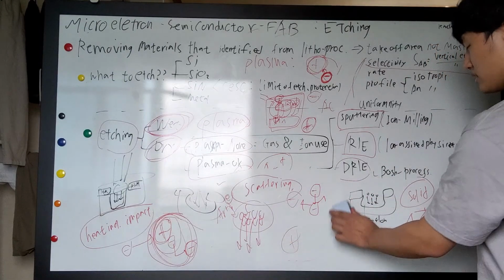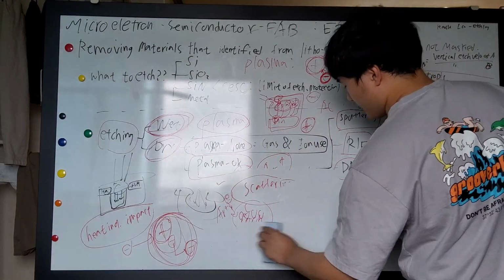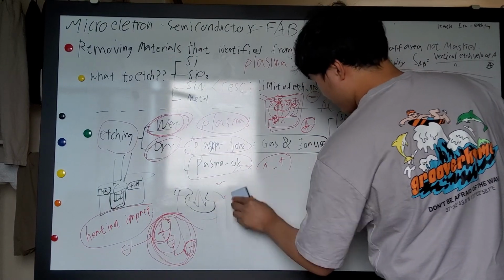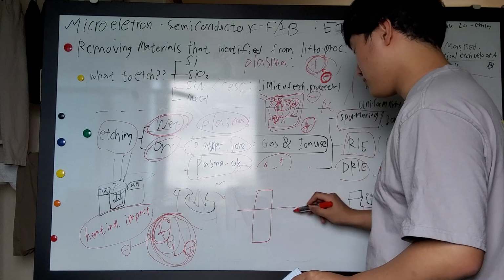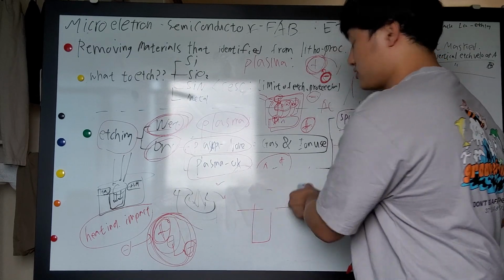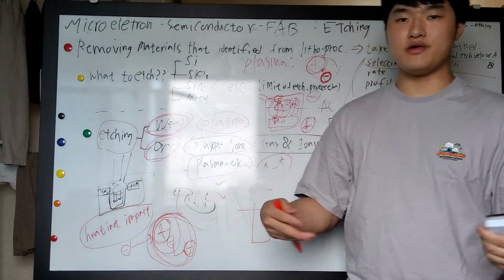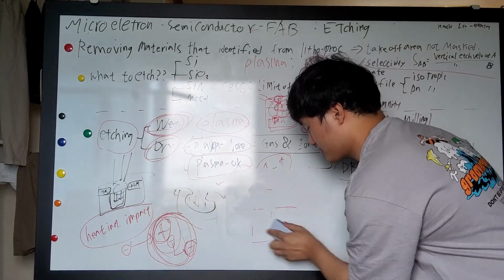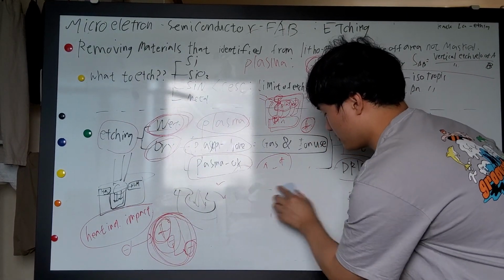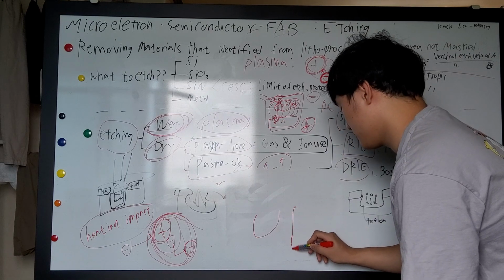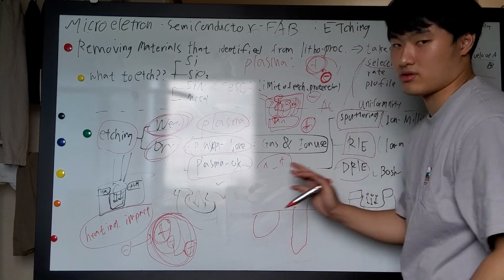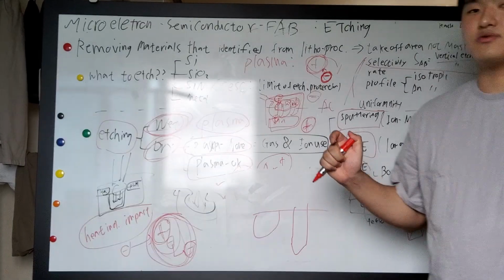So if the molecules keep hitting, then the particles will be spread in other ways, with somewhat unwanted effects like a rounded shape or a rounded tip like this. So this is what we don't want.